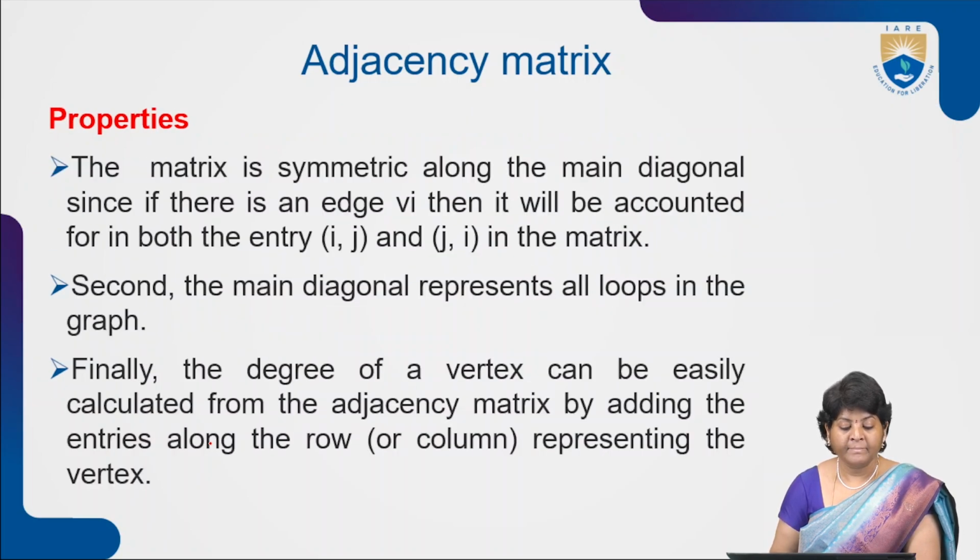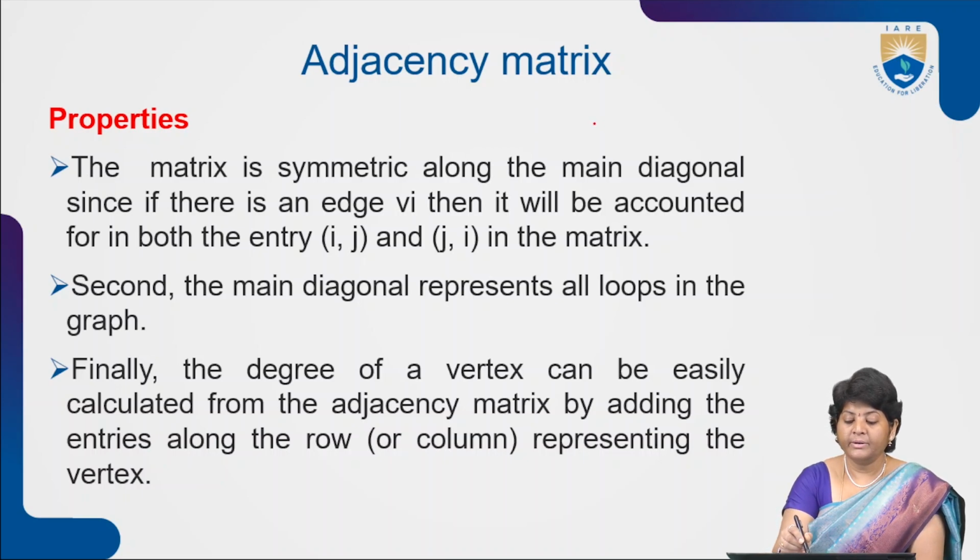Properties. The matrix is symmetric along the main diagonal, since if there is an edge Vi, it will be counted for both entries Ij and Ji in the matrix. Secondly, the main diagonal represents all loops in the graph.